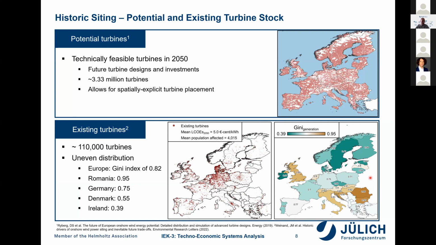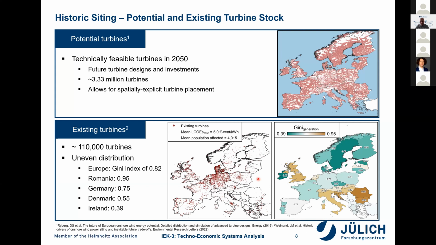Here I show which potential is already exploited in Germany, in Europe, and in which countries for different LCOE levels. So the LCOE levels are here on the y-axis for 2050 and shown for the different countries in Europe. The bubble sizes indicate the capacity.